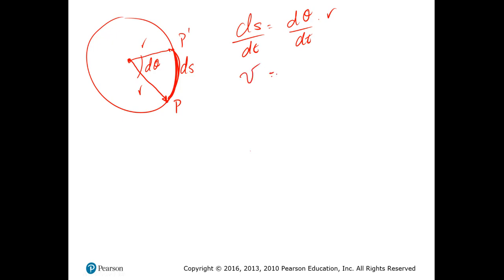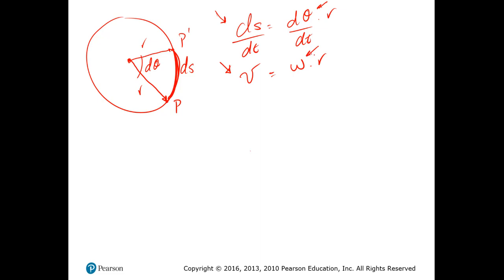This term becomes what is called omega, and this multiplies the radius. Omega is the angular velocity, and this is the regular velocity that we're so used to calculating from before. With this equation, we have related displacement or position with angular displacement or angular position, and we have also related velocity with angular velocity. Okay, so far so good.